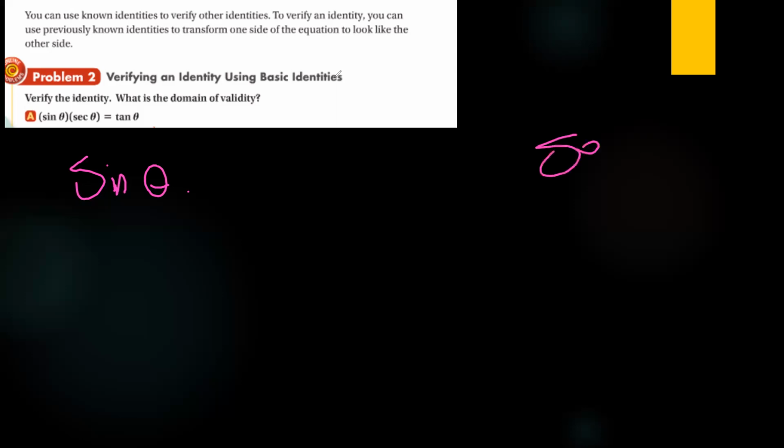We know that secant of theta is 1 over, since we start here with S, it will start with C, which is cosine. So secant is 1 over cosine.